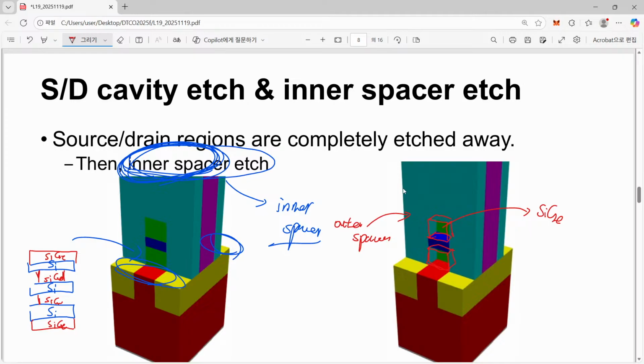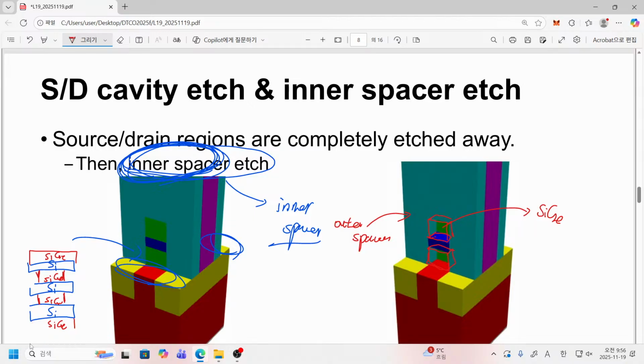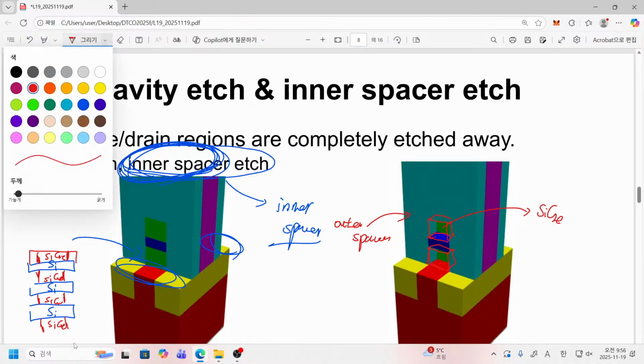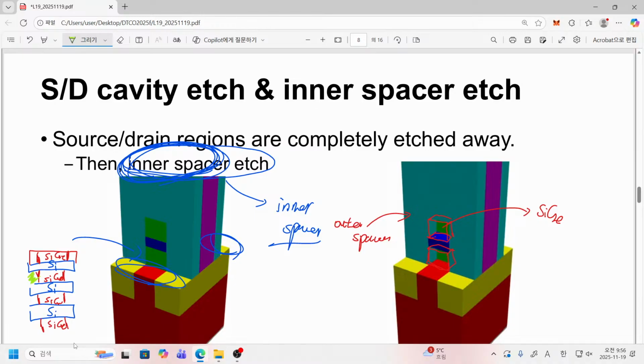Now we make this kind of thing. After that, we will add another spacer material to fill this etched part here.